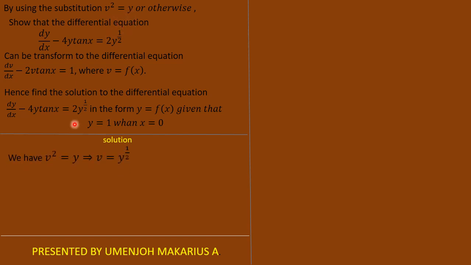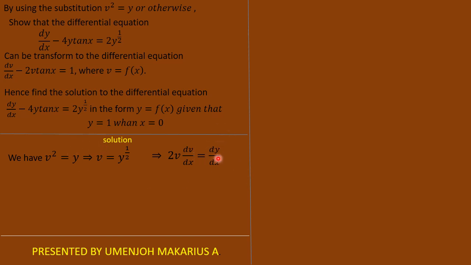So v is y raised to the power 1/2. Therefore if we differentiate with respect to x, we get 2v dv by dx, which is the same as differentiating y with respect to x, so we simply have dy by dx.